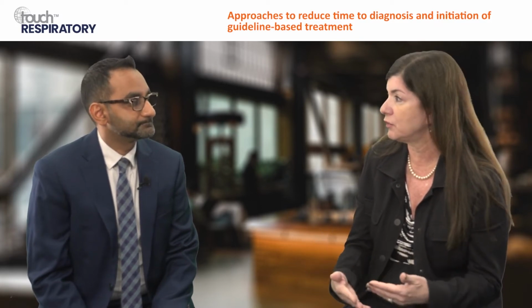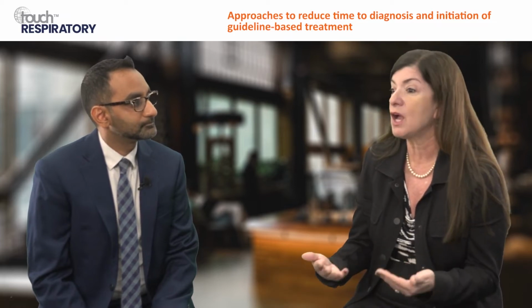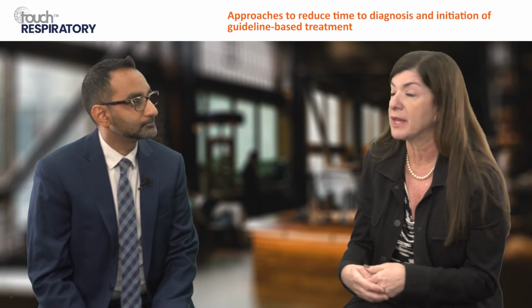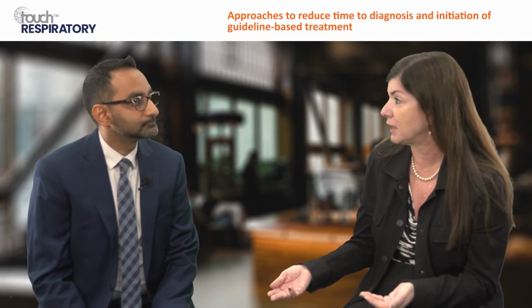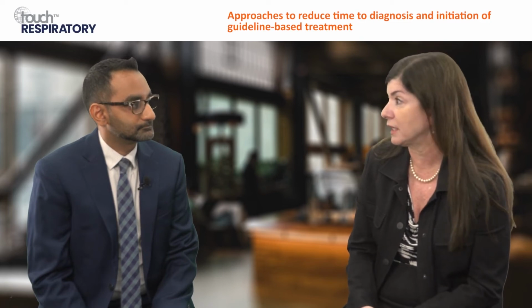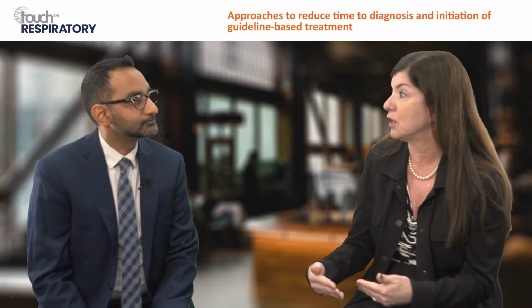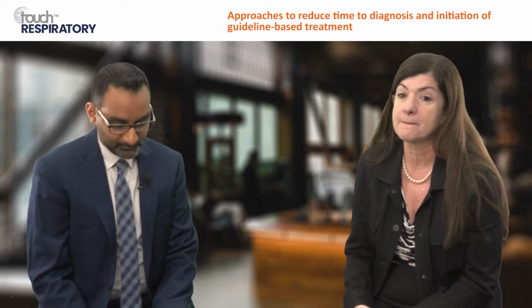You need to know if you're dealing with Mycobacterium avium complex, as you suggested, or some of the other more common rapid growers that we have, such as Mycobacterium abscessus or Mycobacterium chelonae. Important to differentiate the species and make sure that you have multiple cultures of the same species.